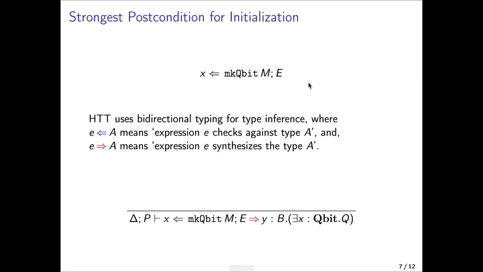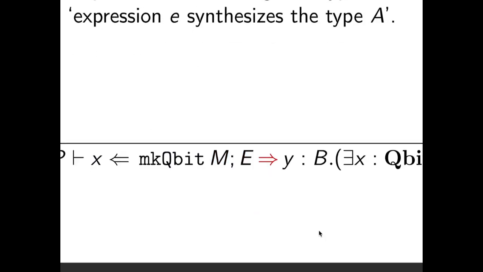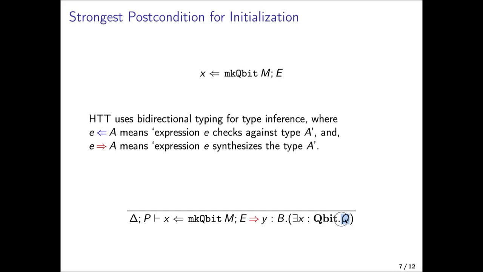What we want to do is generate the strongest postcondition for this term, and that postcondition will be this postcondition Q. In order to do that, the syntax-directed typing system, which we are showing here, needs to do certain things. First of all, it needs to verify that the term M here has the right type, bool. So that can be checked. Apart from that, it needs to make sure that these two commands compose together properly.